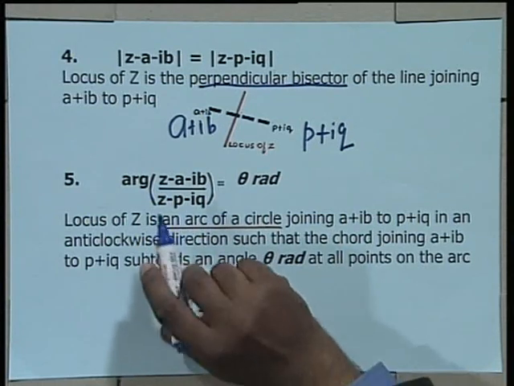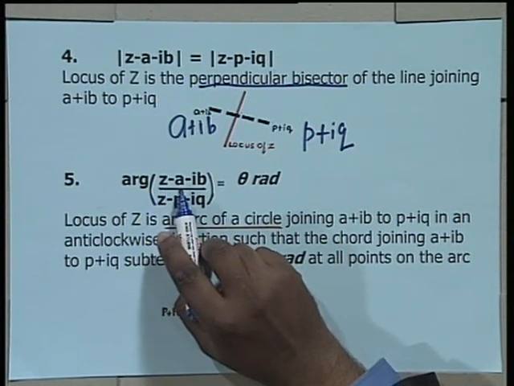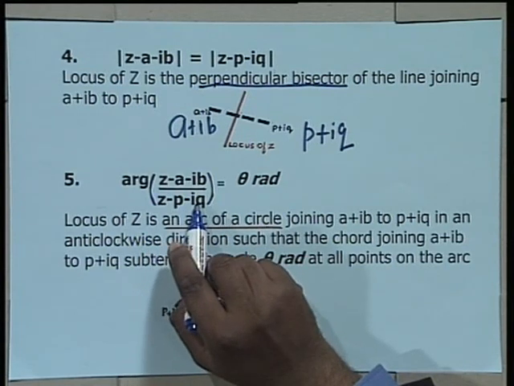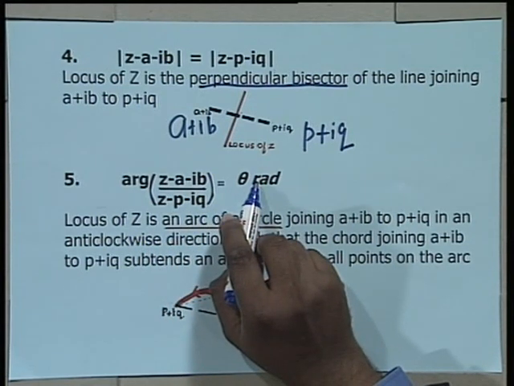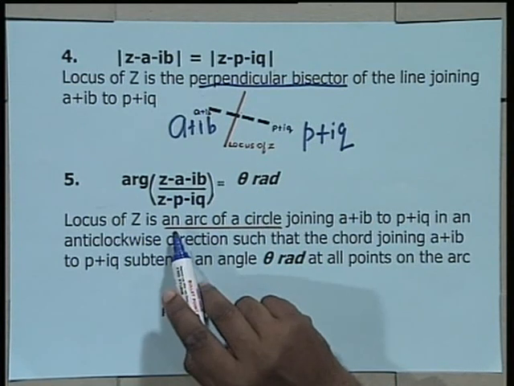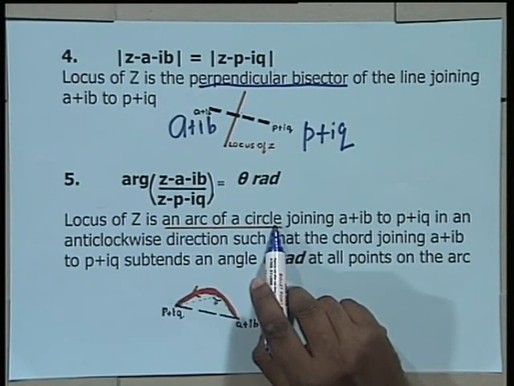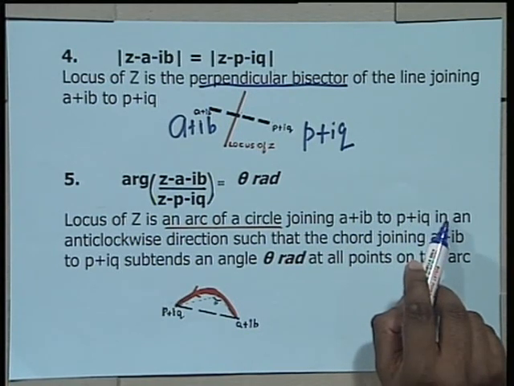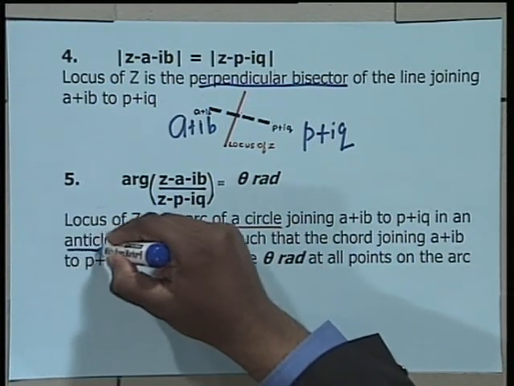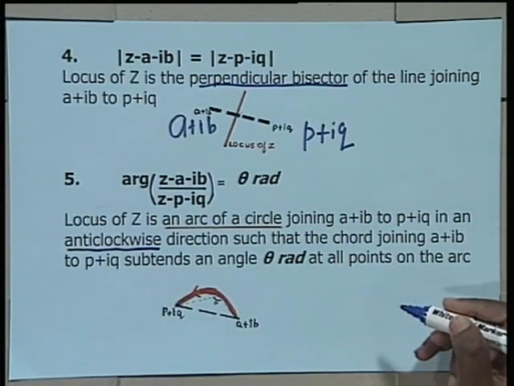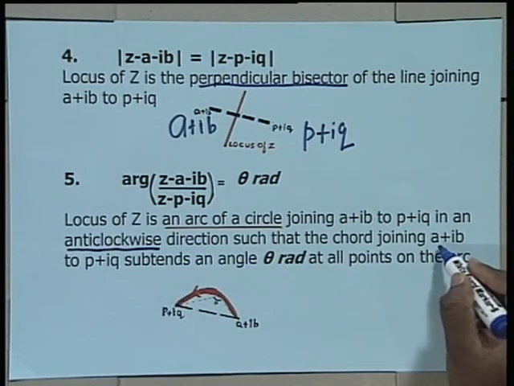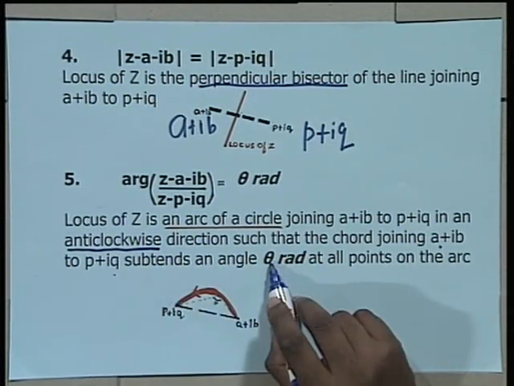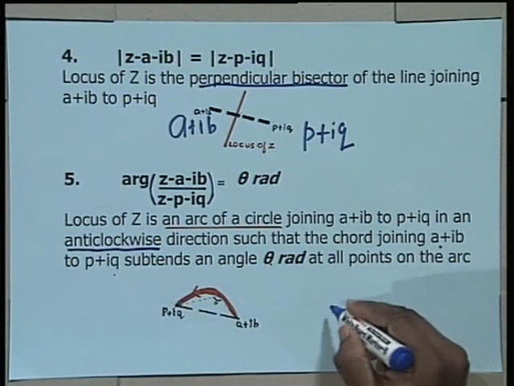The fifth condition. Argument of (Z minus a minus ib) over (Z minus p minus iq) equal to theta radian. The locus of Z is an arc of a circle joining a plus ib to p plus iq in an anticlockwise direction, such that the chord which joins a plus ib to p plus iq subtends an angle theta.